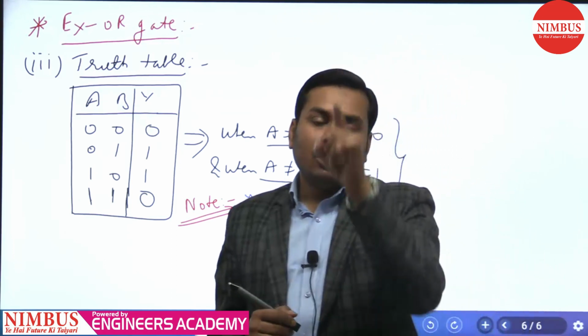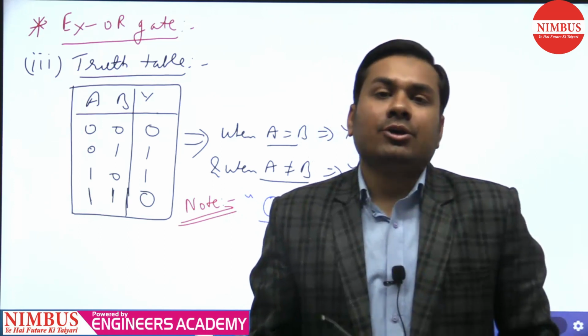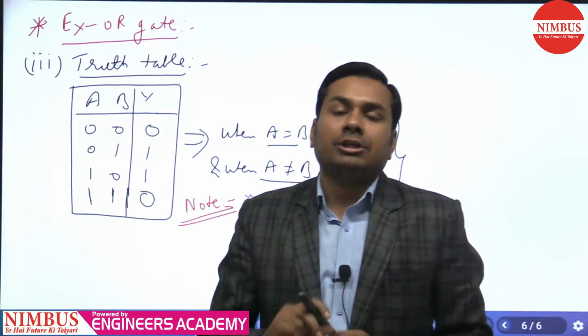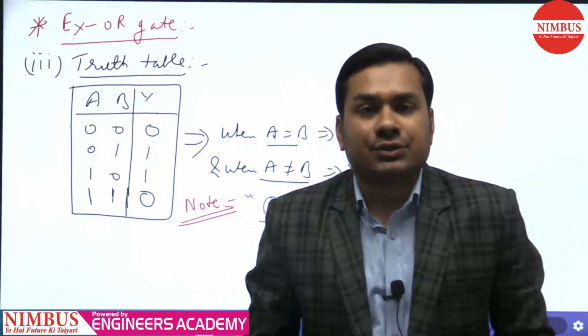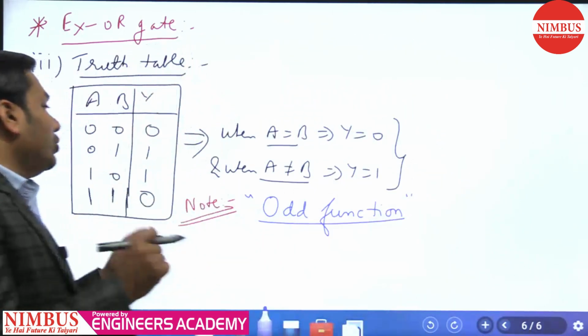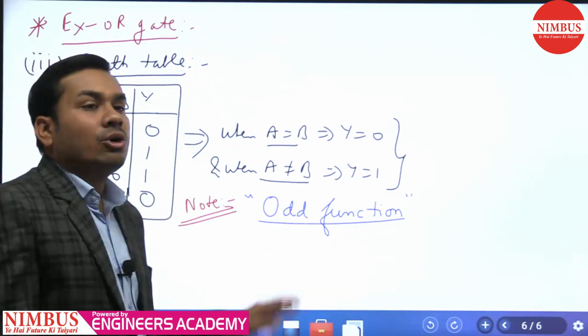If we know that XOR is the odd function, then we can easily pick odd function as our answer.